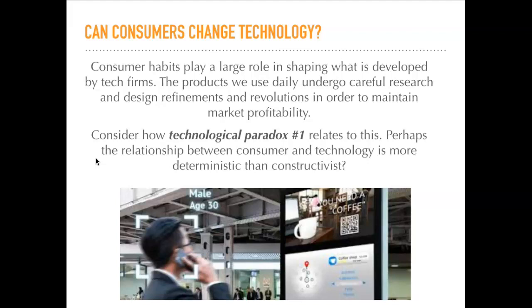So we still see that kind of tension between what consumers can do, but the limits of their knowledge about what they can do.